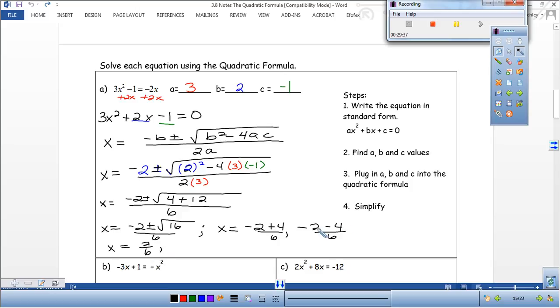And then -2 and -4 is -6 over 6. Yes, now we have to simplify and get x equals 1/3 and -1. Any questions over that?